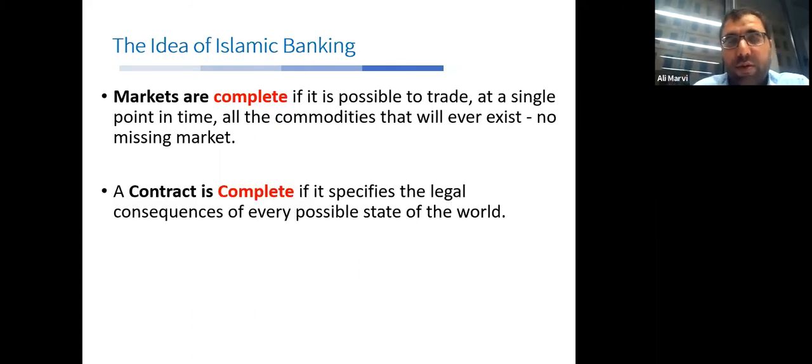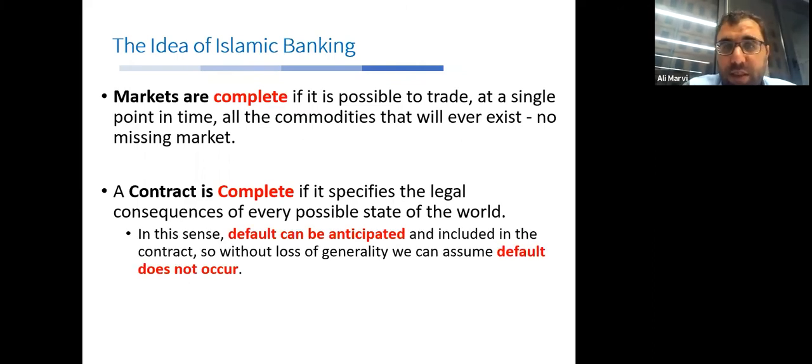And for this case, it's really simple to make policies and to withdraw inefficiencies. And we know that a contract is complete if it specifies the legal consequences of every possible state of the world.